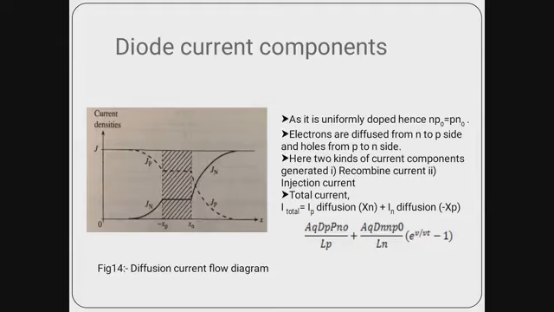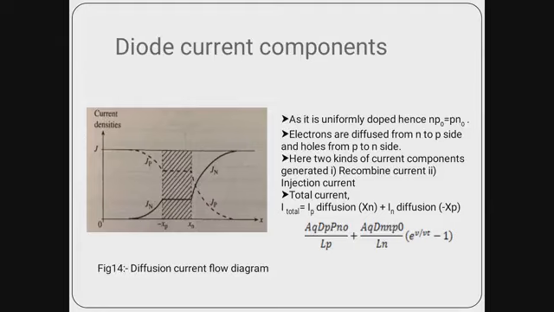Now I am discussing the diode current components, which was in my last slide. Here a plot has been given between current density and X. Current density is denoted by J and the distance is denoted by X, and the diode we have chosen here is a uniformly doped diode.